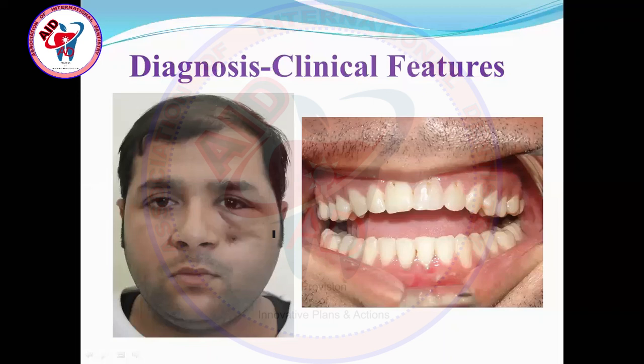Once the fracture of the zygomaticomaxillary complex is there, definitely it will also have an effect on the masseter muscle, due to which there could be limitation of mouth opening. Moreover, in this specific patient, due to localized fibrosis of the area, there could be limited mouth opening. These are the mechanisms behind why limited mouth opening could be there in case of zygomaticomaxillary complex fractures.